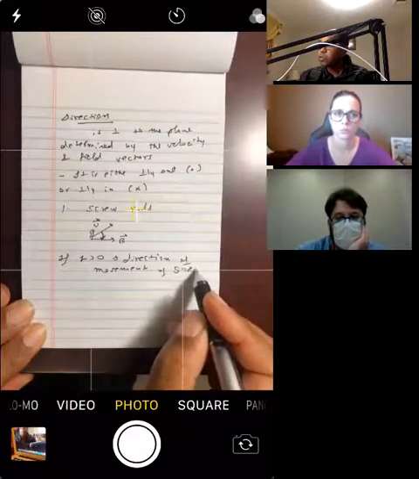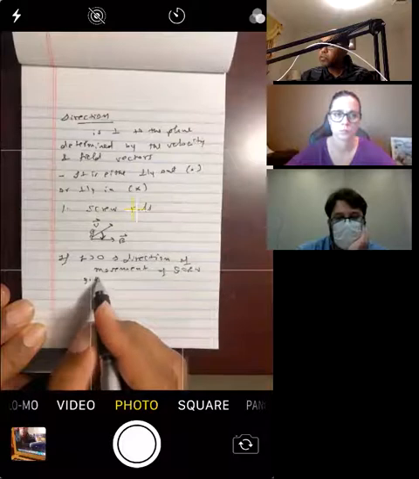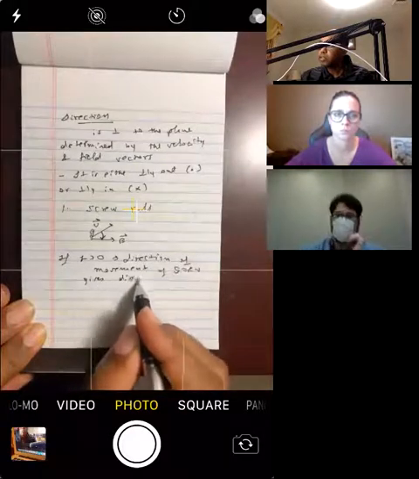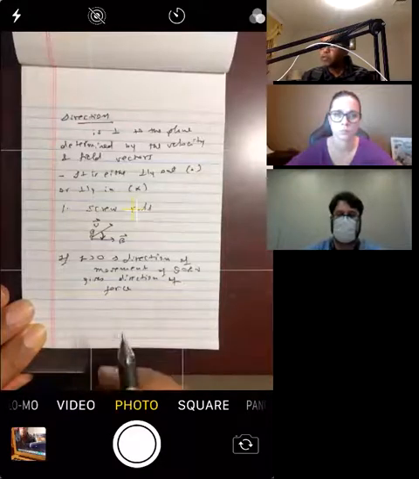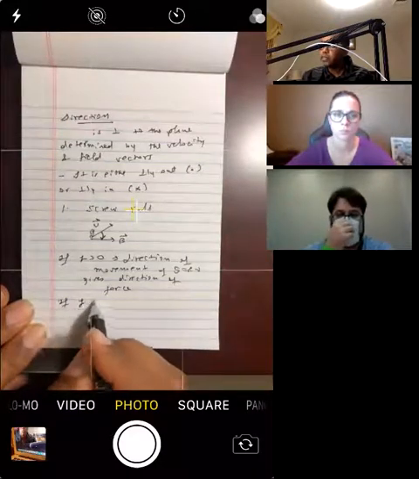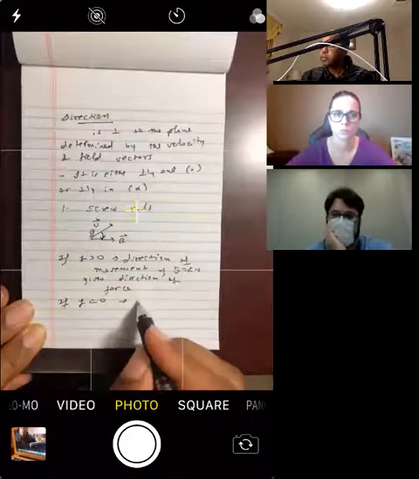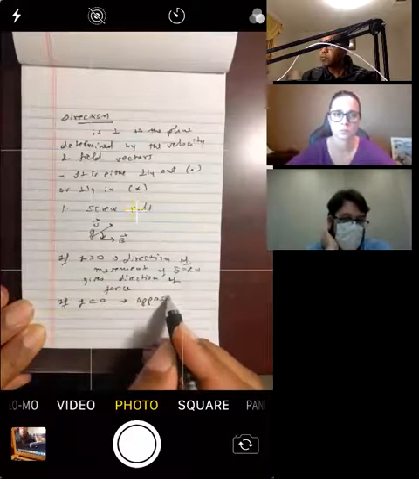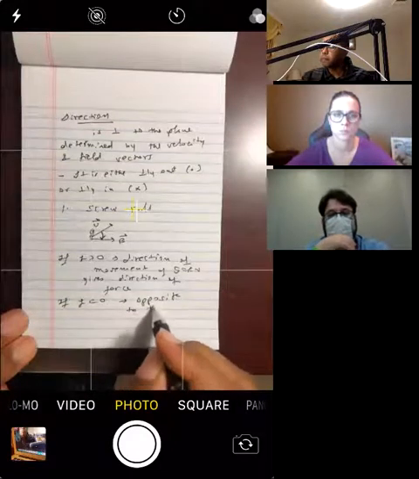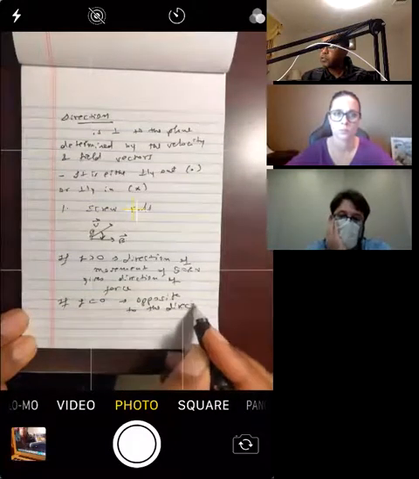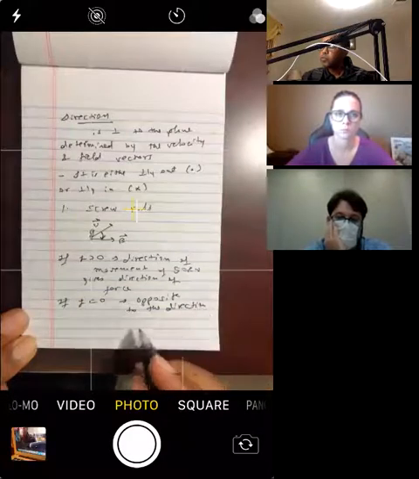And if Q is less than 0, it becomes opposite to the direction of movement. So that is the screw rule.